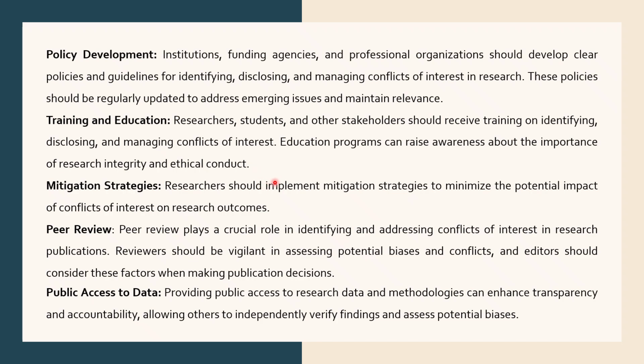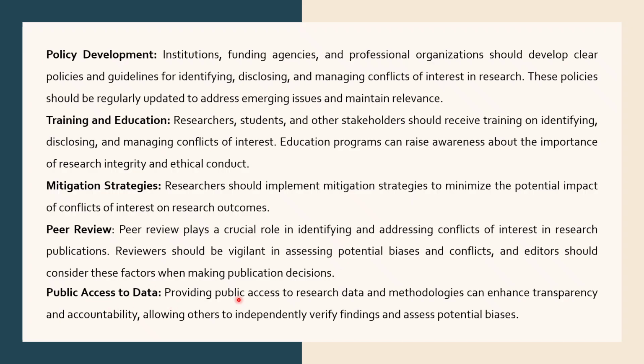Mitigation strategies. What are the mitigation strategies? Researchers should implement mitigation strategies to minimize the potential impact of conflicts of interest on research outcomes. Peer review. Peer review plays a crucial role in identifying and addressing conflicts of interest in research publications. Reviewers should be vigilant in assessing potential biases and conflicts, and editors should consider these factors when making publication decisions.